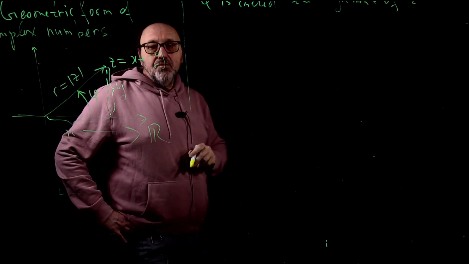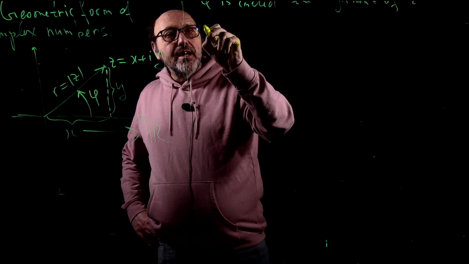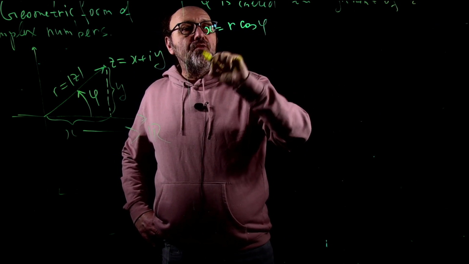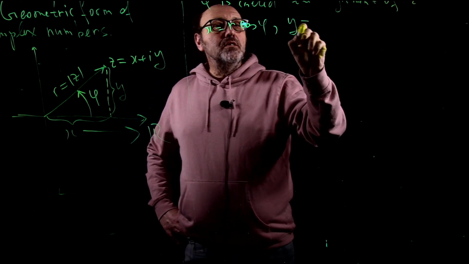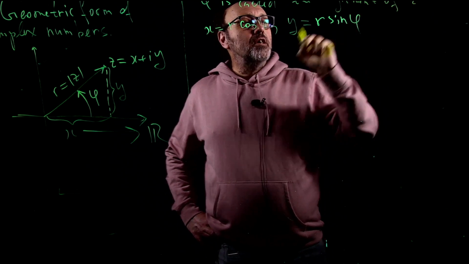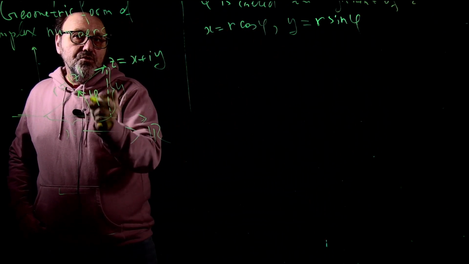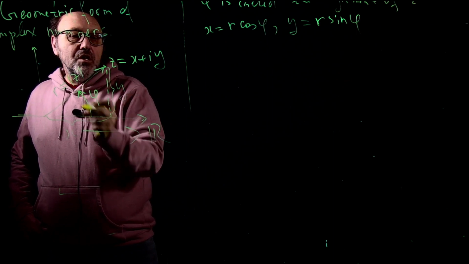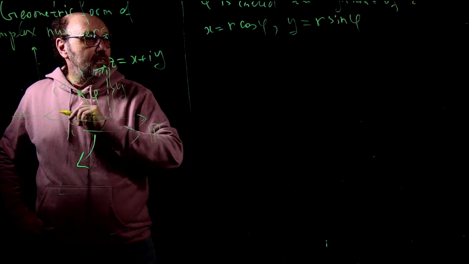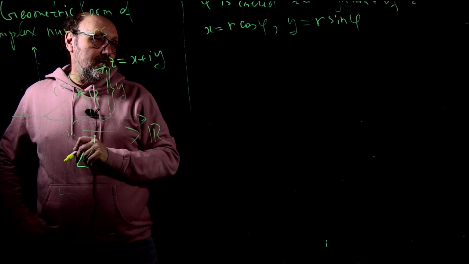And from this triangle, we see immediately, using the classical geometrical principles, that x is equal to r multiplied by cosinus phi, and y is equal to r multiplied by sinus phi. By the way, if we move in this direction, phi will be positive. If we move in this direction, our angle phi is considered as negative.